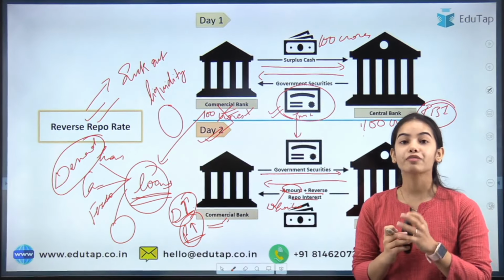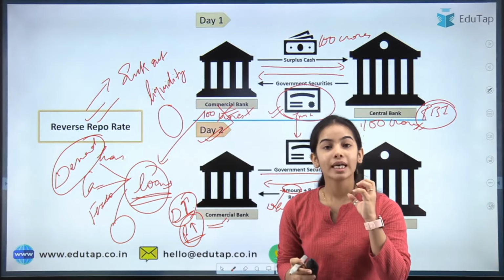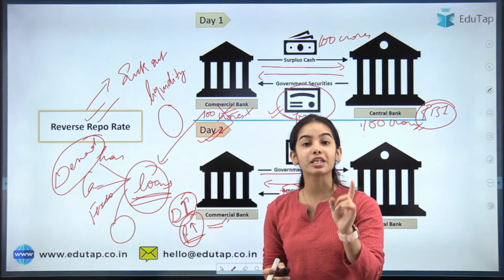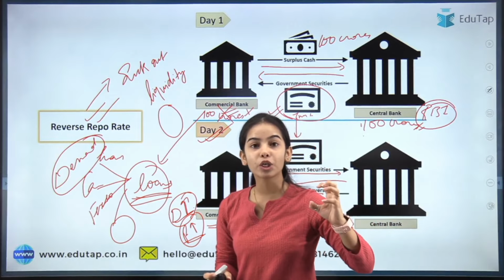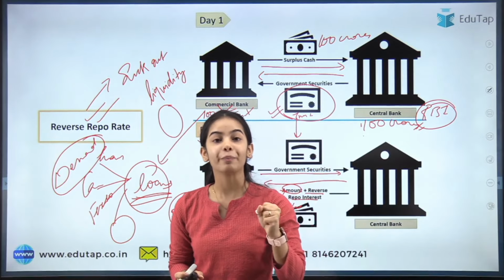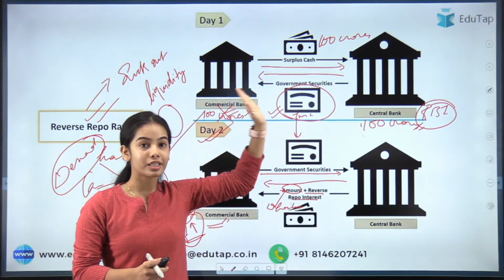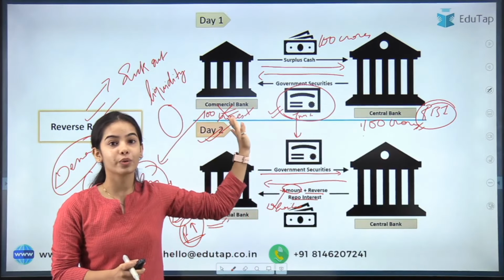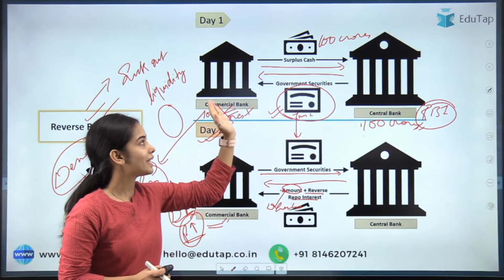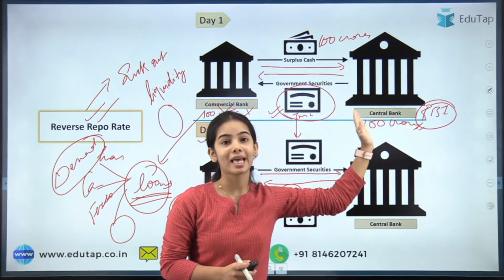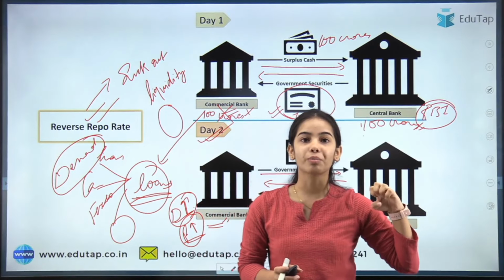So if the RBI wants to control the inflation, the RBI uses the reverse repo rate to suck out the liquidity from the commercial banks. In this way, the Reserve Bank of India is sucking out the liquidity by taking the surplus cash from the commercial banks.